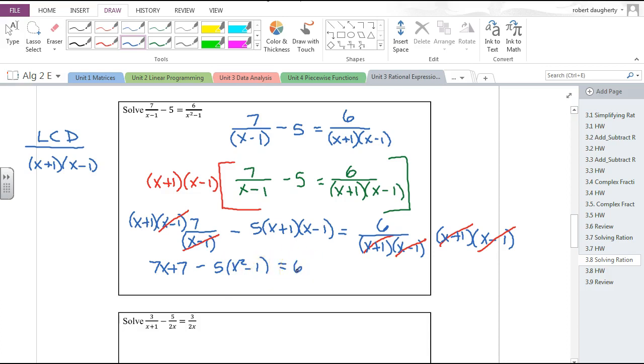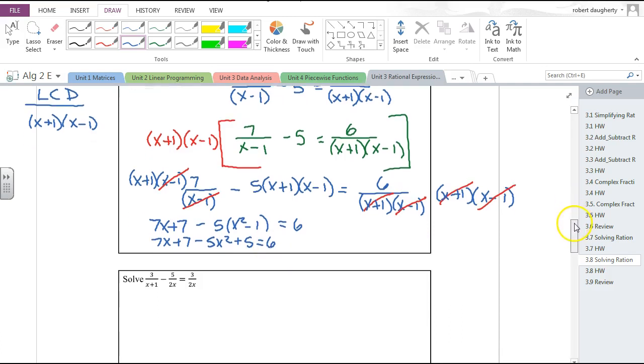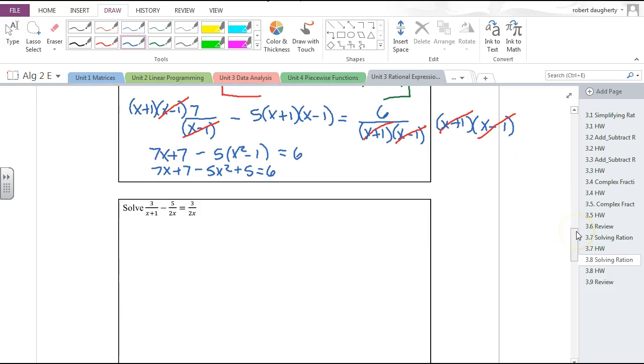Okay. So this is 7x plus 7 minus 5x squared plus 5 equals 6. And I need to get some extra space here. So let's just see, this is going to be negative 5x squared.